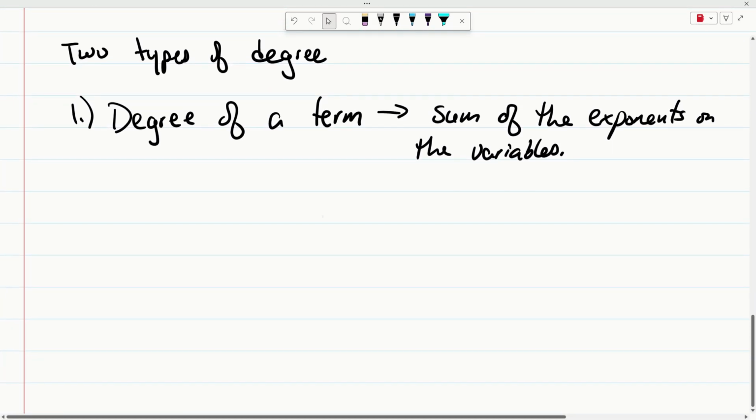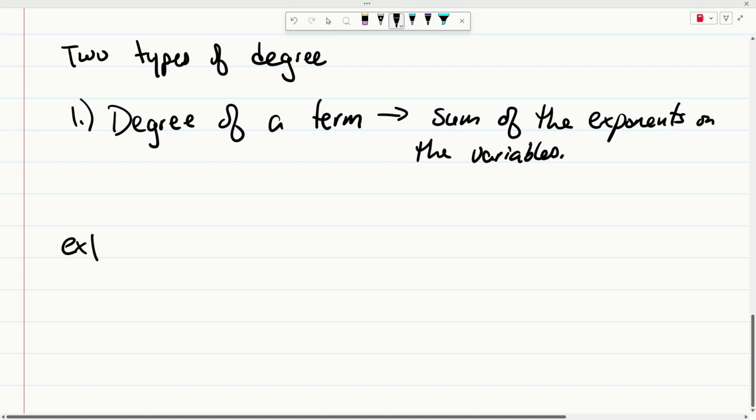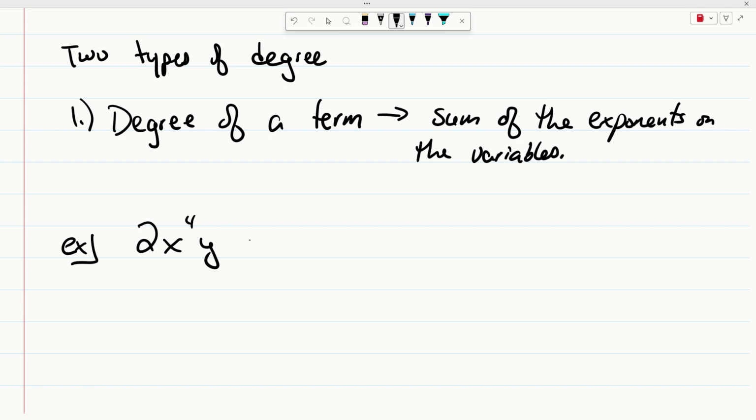All right? So for example, 2 times x to the 4th times y is a 5th degree term. And the reason? You have x to the 4th, but then you also have y to the 1st. And when you add 4 plus 1, you get 5. So that's a 5th degree term.